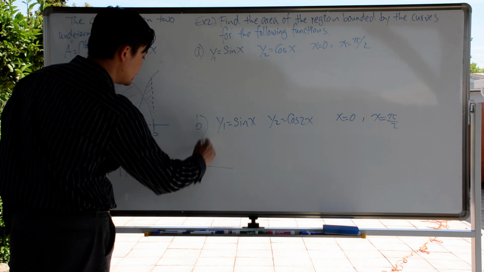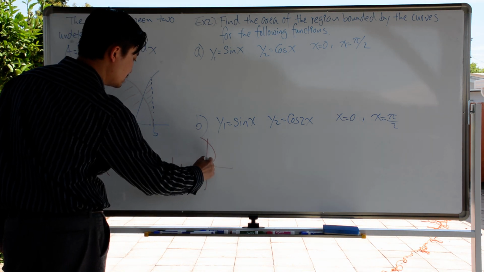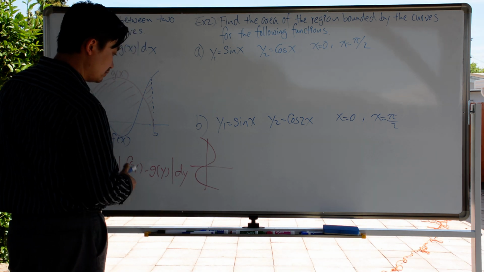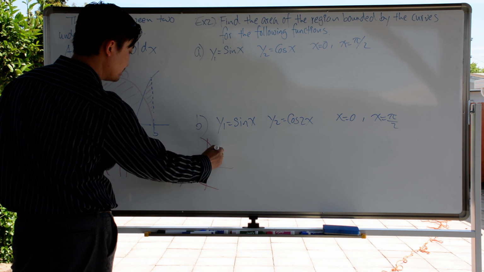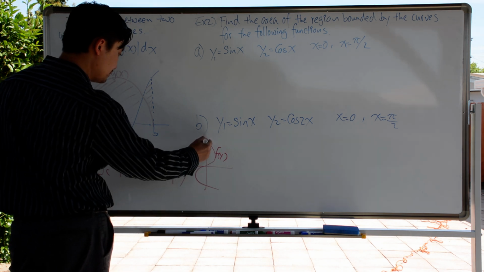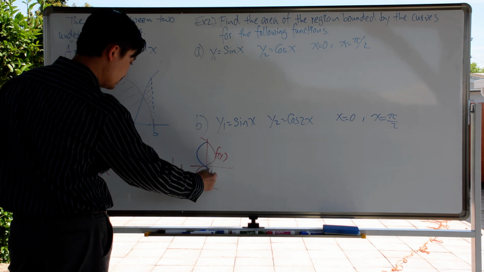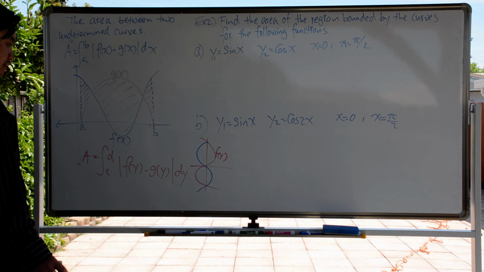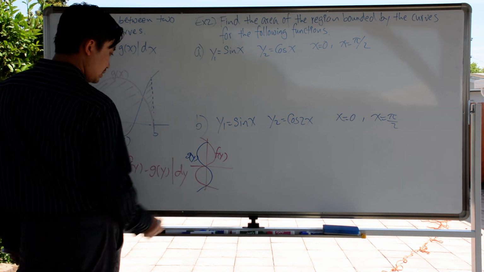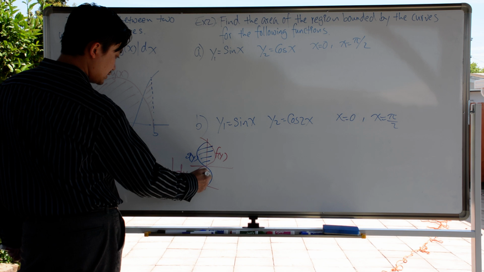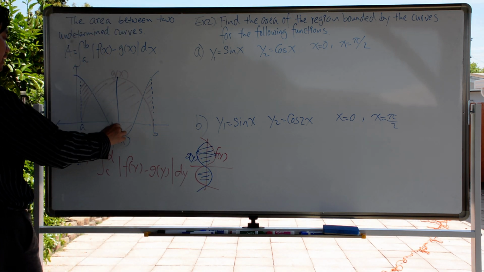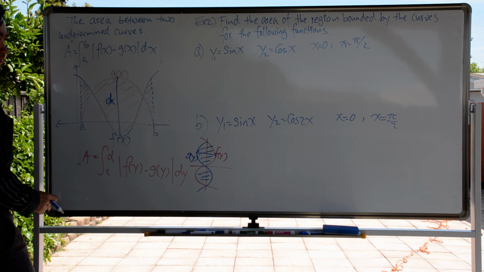So again, if we do have a sideways curve, kind of like this, and let's say this one is f of y, and then for g of y, kind of like a DNA curve. So for g of y, basically we're just finding the area by using the sideways approach, which is by dy. And this one is by dx.